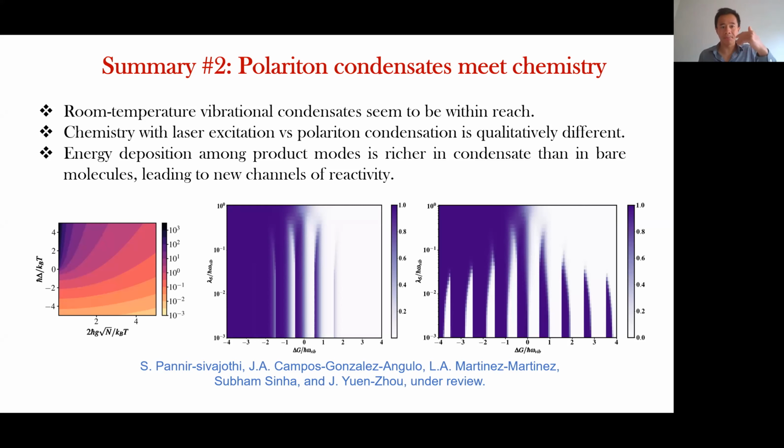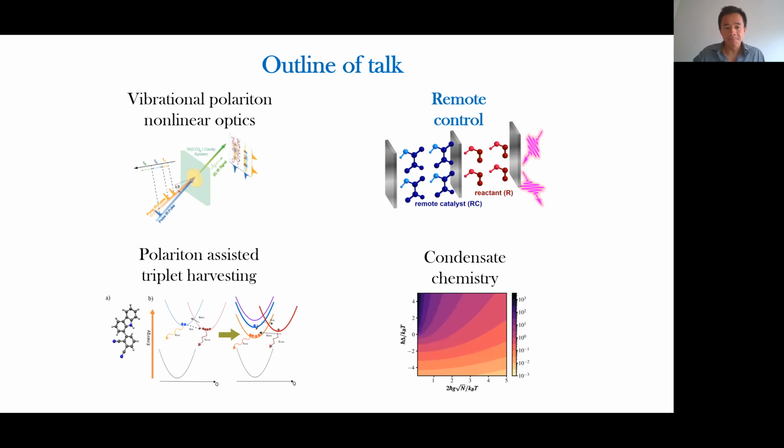In this case, the condensate reacts directly. So the summary is that the energy deposition among the modes is richer in the condensate than in the molecules. And I believe there's a huge open field here of thinking about condensates and the chemistry afforded by the condensates. So that's that.